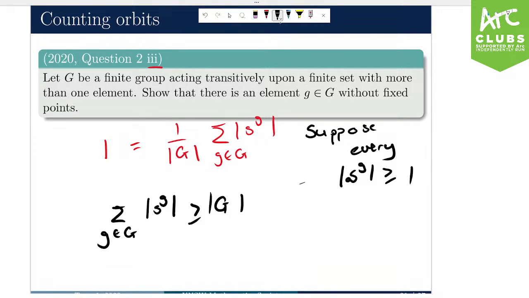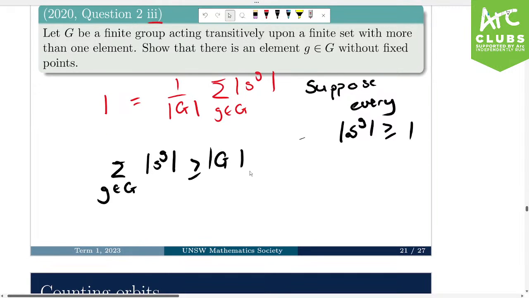then we will have 1 is strictly greater than 1, which is a contradiction. So we want to find some element in G that has more than one element in its fixed point set. And again, we can look at the identity.